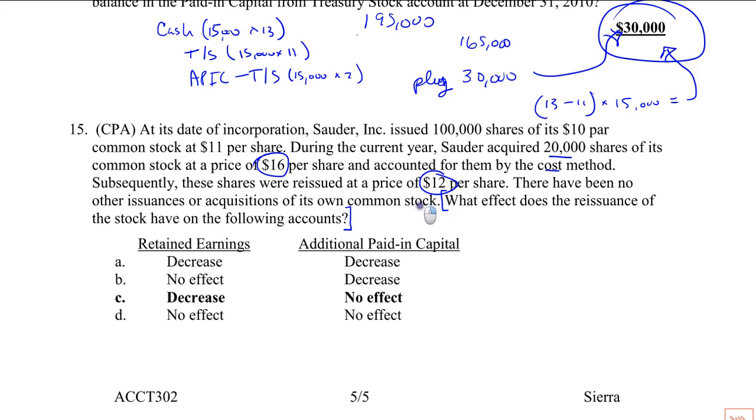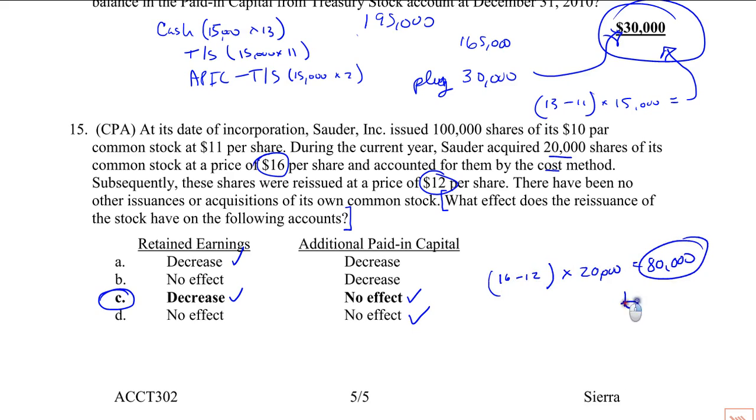It's not going to affect additional paid in capital because it's below the repurchase price. So it's no effect and no effect. And all 100% of the decrease goes to retained earnings. So, and you could calculate it, 16 minus 12 times 20,000. It would be an $80,000 reduction in retained earnings.